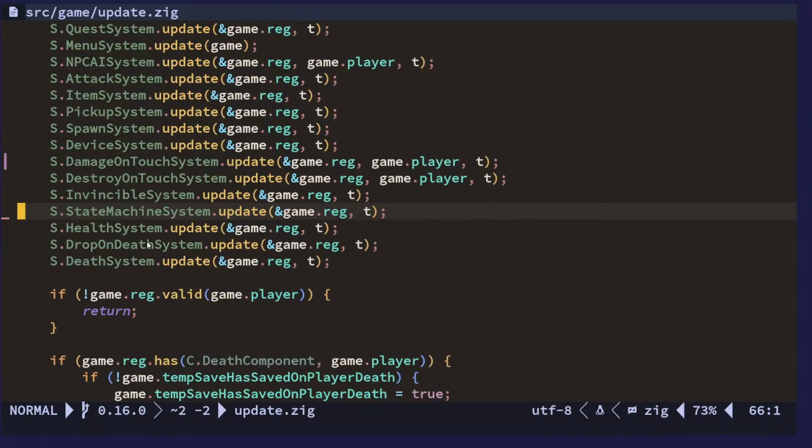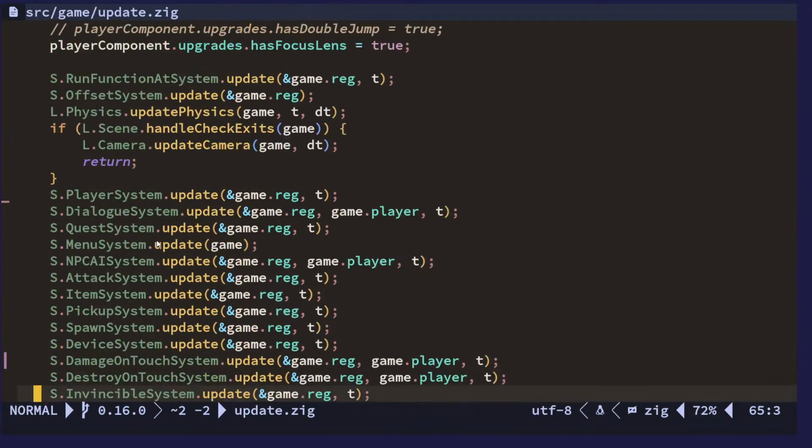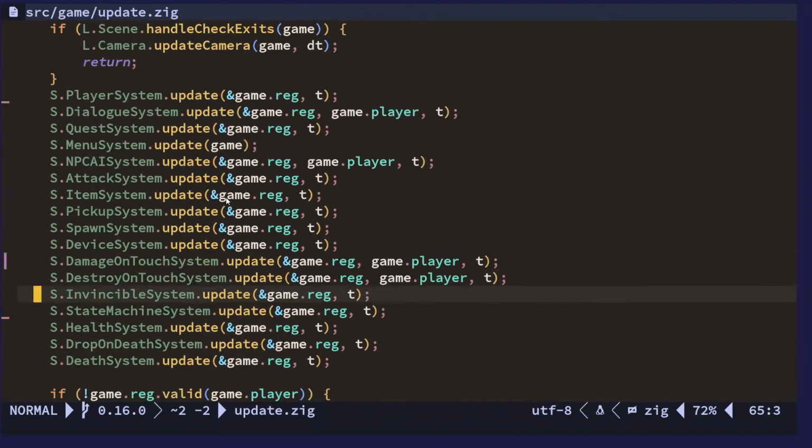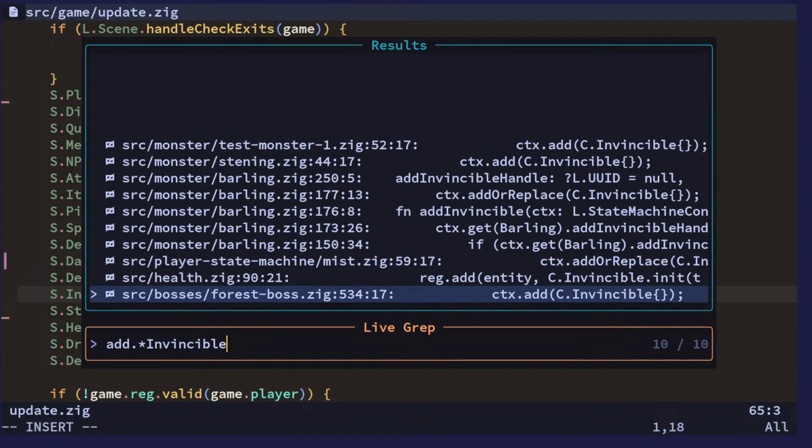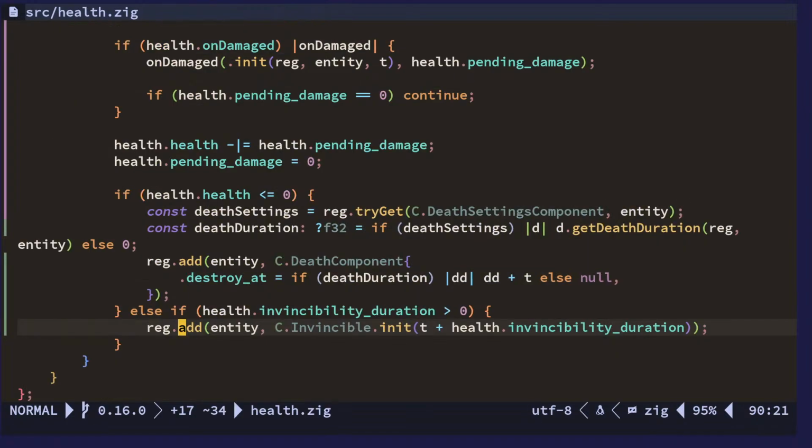However, let's see, the health system happens here, so that's when you would get an invincible tag, I would say, probably. When is invincible actually added? It's actually added here as well. So it is added during the health system.